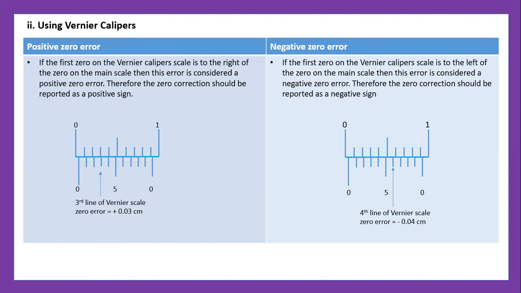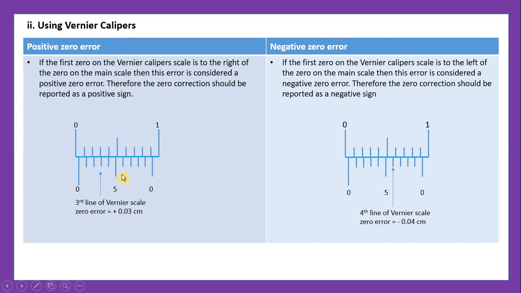Okay, let's look at the positive error and negative error. If the first zero on the vernier caliper scale is to the right of the zero on the main scale, then this error is considered a positive zero error. You can see where the zero is; this is the zero of the main scale.